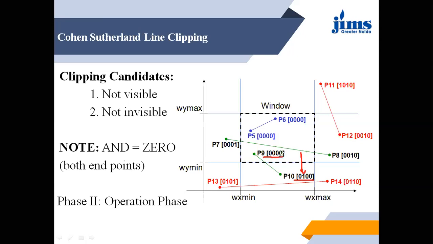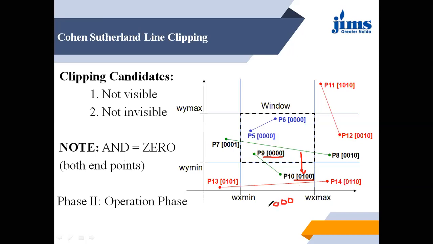We perform the AND operation between these two: 0 and 0 gives 0, the second 0 and 1 gives 0, and the third and fourth also give 0.